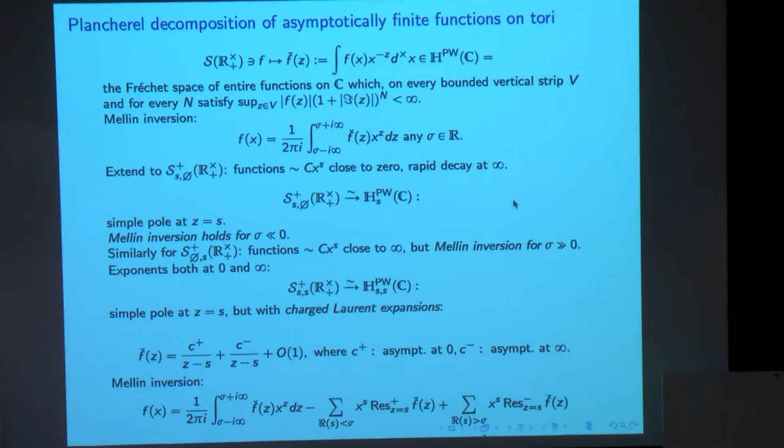The Mellin transform of the constant function is 0. However, it has non-trivial poles, plus and minus, and you can put them into Mellin inversion. You see the Mellin inversion here only takes the plus part of the residue when real part of s is less than sigma, and the minus part of the residue when real part of s is greater than sigma. So you get two terms with denominator z minus s, which is usually written as z minus s plus i0 and z minus s minus i0. Okay, so there's already this formalism.